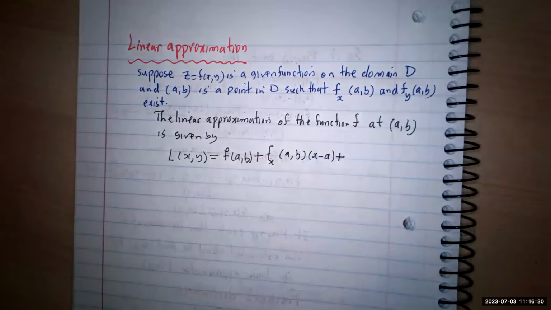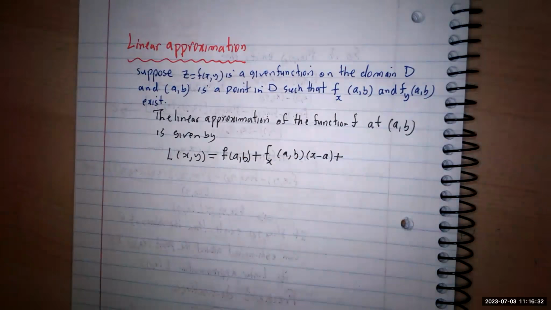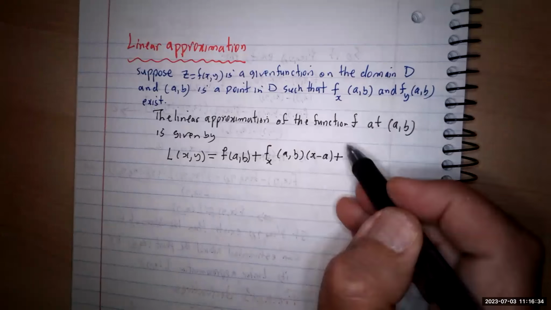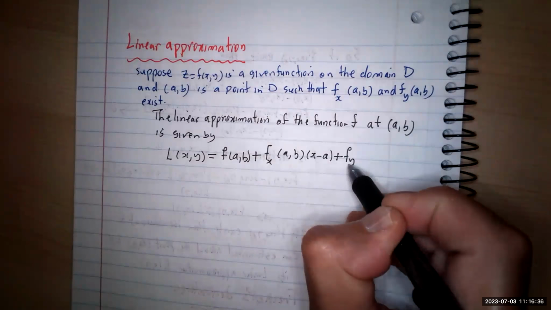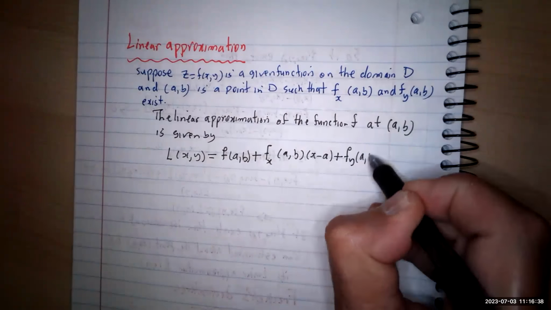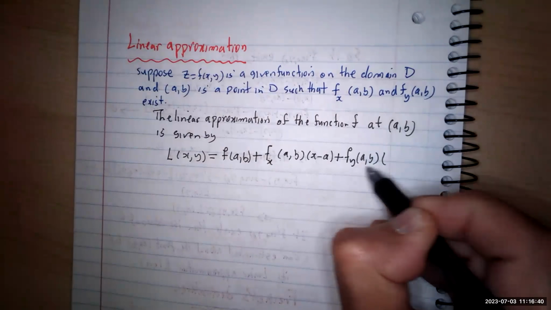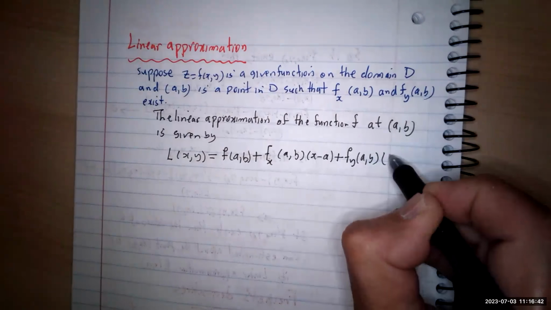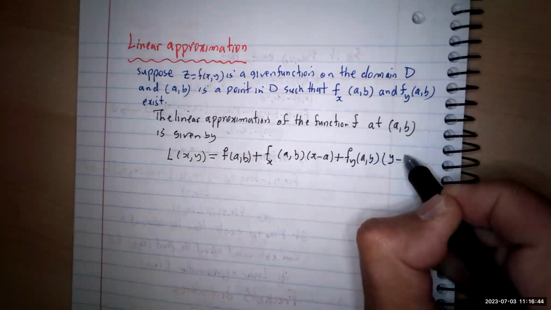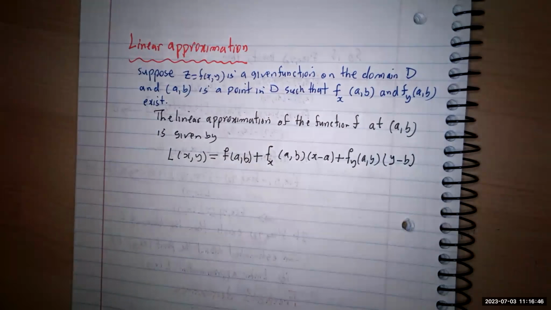Then I continue with the partial derivative with respect to y at (a, b) times (y minus b). This is going to be our linearization.